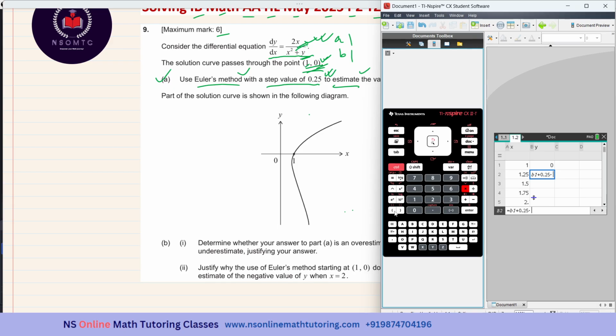And I am starting this bracket, 2 times xp, so it is a1, over xp squared or a1 squared, plus y, which is yp, so b1. See, b1 plus 0.25 times 2 times a1 divided by a1 squared plus b1, and enter.